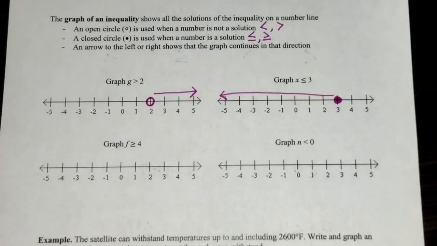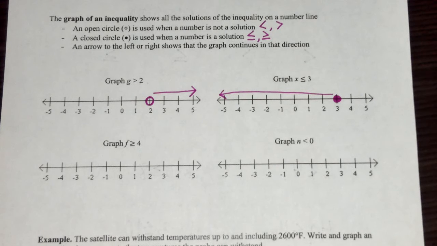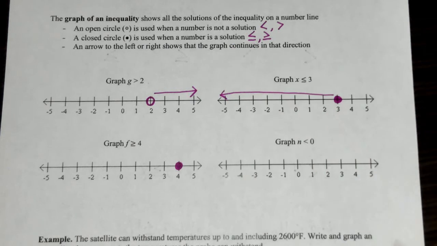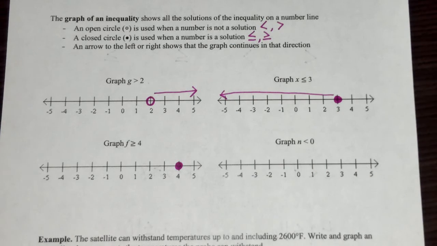What about f is greater than or equal to 4? Kasara, is that going to be an open or closed? Closed. Okay, so find 4, make sure it's closed. And then is my arrow going to go to the left or the right? Layton?